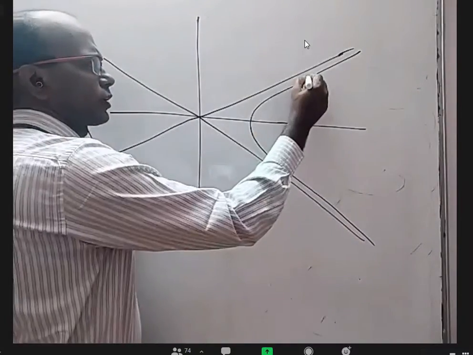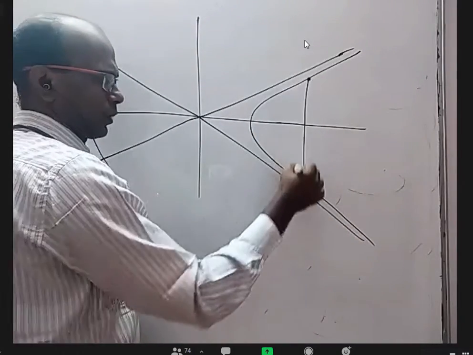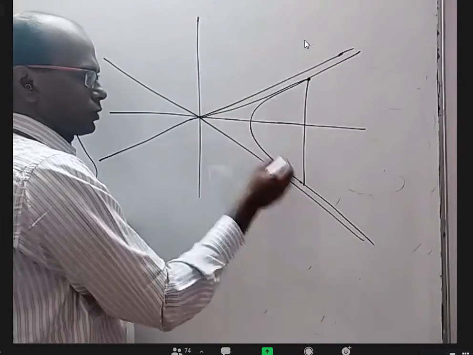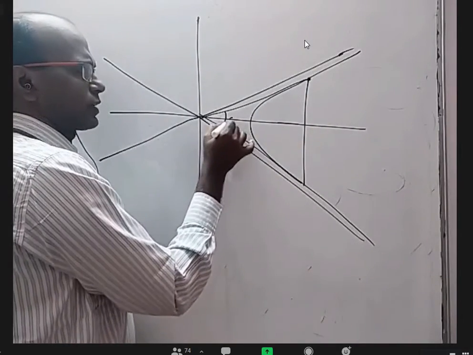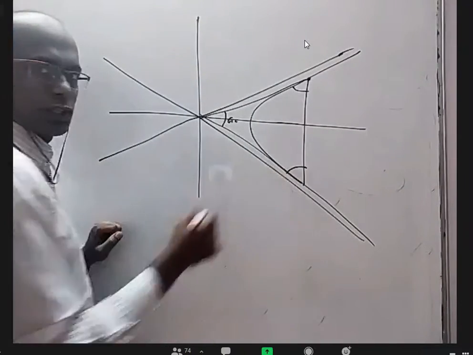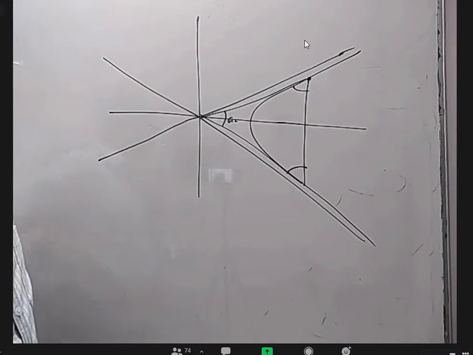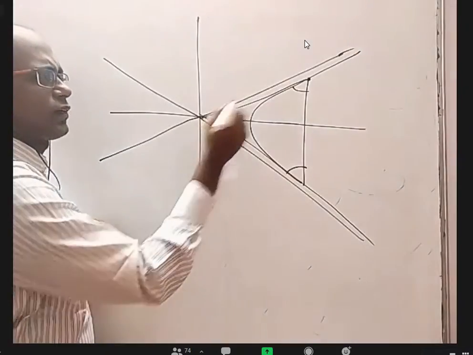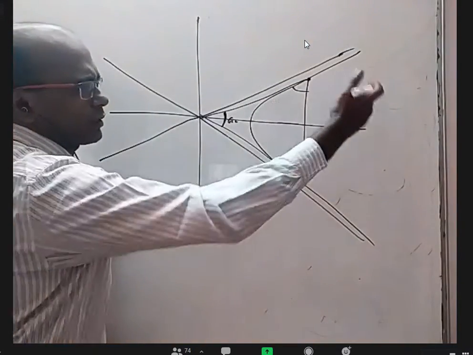Basically, you want to take a double ordinate, that is, a vertical perpendicular to the transverse axis, and join it to this. If this angle is 60, automatically these two will be 60, right? If you want this angle to be 60, it is definitely possible. If not for this double ordinate, some double ordinate will be possible.